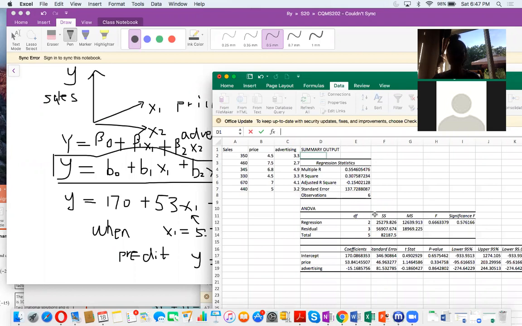Okay, and you have a standard error. Standard error is just the square root of MSE here. If you take the square root of this number, MSE, mean square for residue, for error, you get standard error.